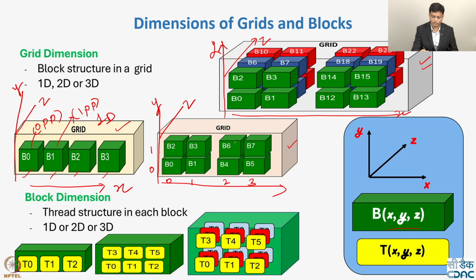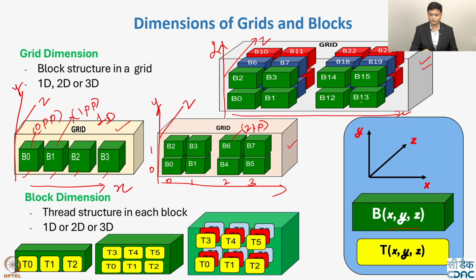So, what is the position of block 6 here? I can say it is 2, 1, 0, a simple coordinate system. So, likewise these coordinates basically tell the position of each block, and you can apply this method in 3 dimension.